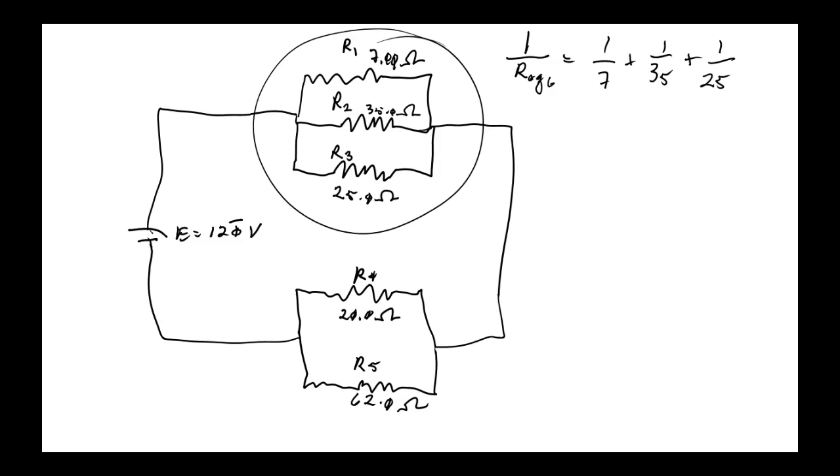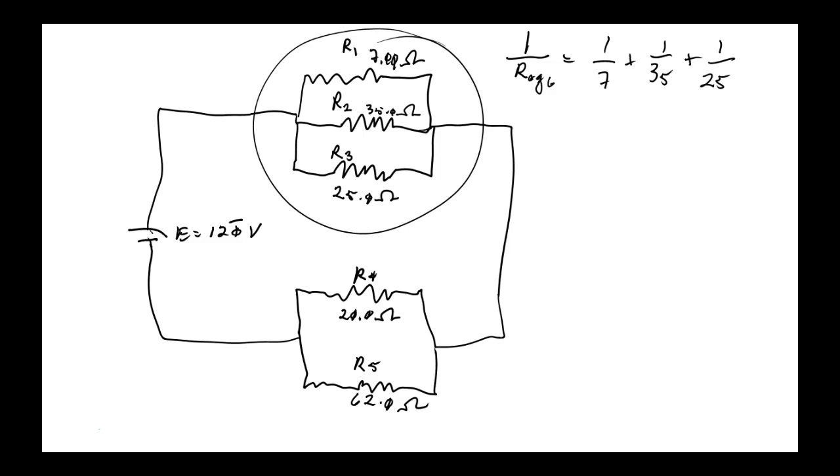Hint, it will be more or less, or in between the biggest and smallest of these. What would you say? The equivalent resistance of a parallel circuit is always less than the least. So it's going to be less than 7.